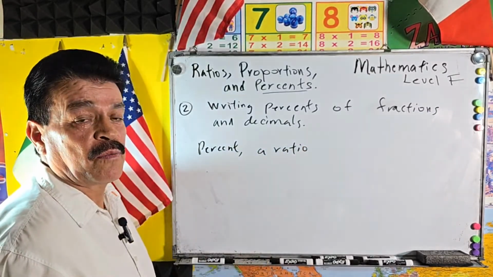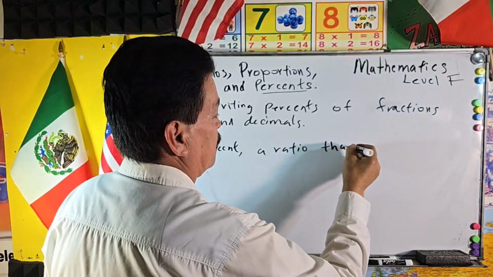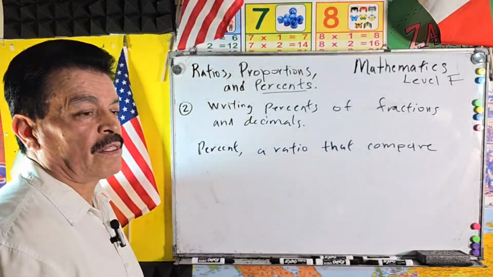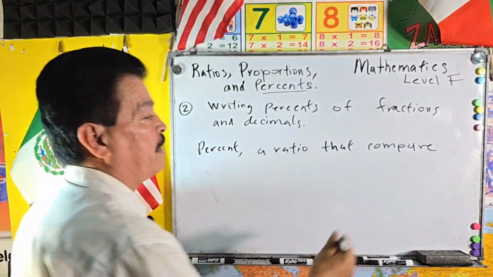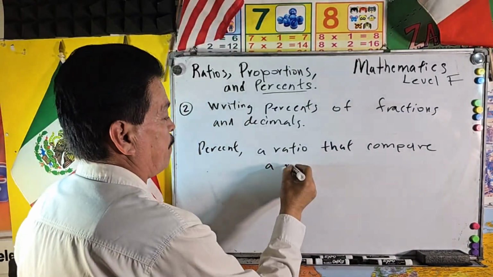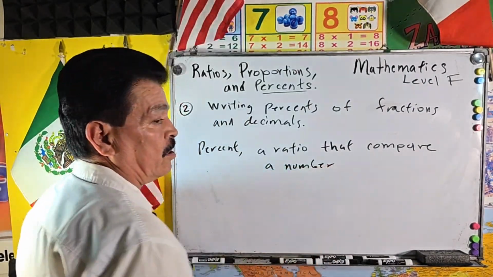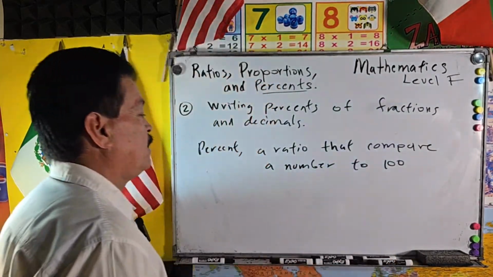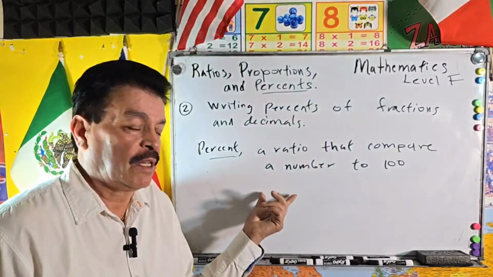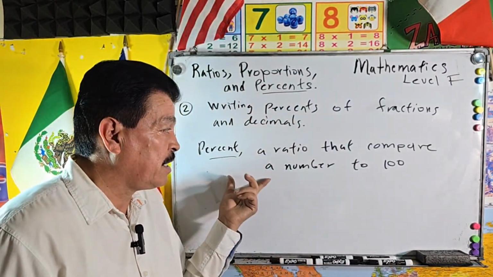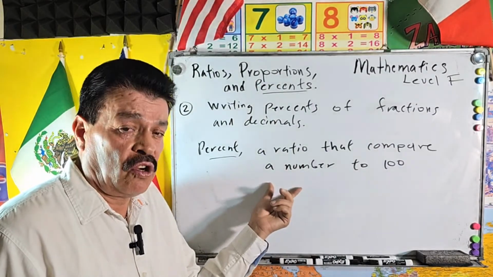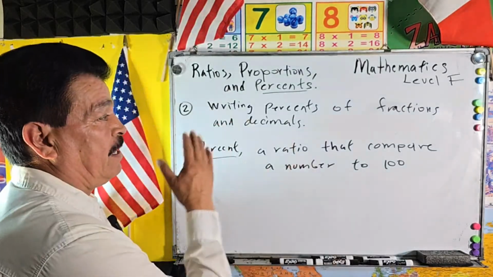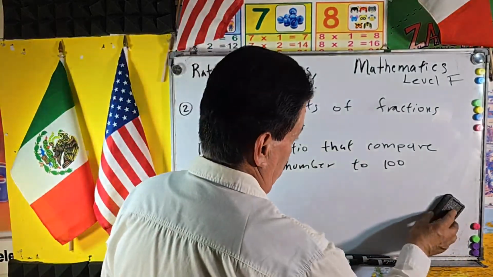It's a ratio that compares a number to 100. That's a percent. This is the main concept, the main idea. A percent is a ratio that compares a number to 100. Right? Okay. Let me show you some problems.